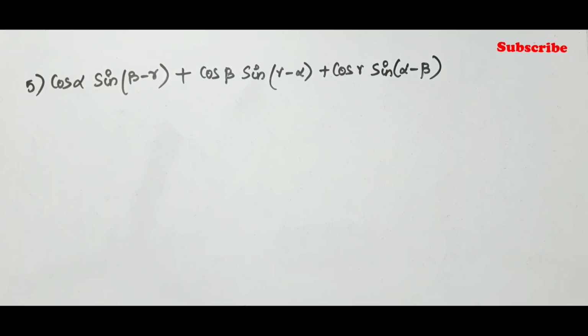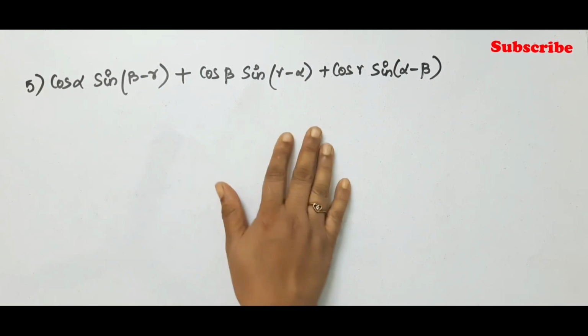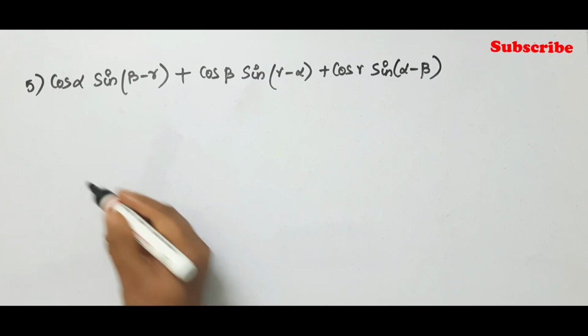Next problem: cos alpha sine of (beta minus gamma) plus cos beta sine of (gamma minus alpha) plus cos gamma sine of (alpha minus beta). If you see this type of problem, simply apply the transformation formula. Mostly for this type of problem, the final answer will be 0.